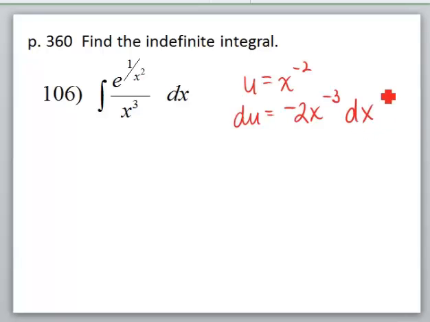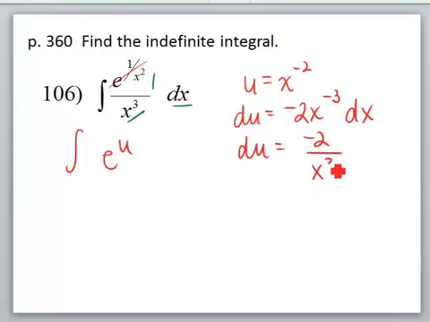So I'm going to go ahead and start to rewrite this. I have e to the u, and now I need an x cubed on the bottom, so really a 1 over x cubed dx. And I actually have that over here. I have a negative 2 over x cubed dx. Now, I do not want this negative 2, I only wanted a 1, so I'm going to divide by negative 2 on both sides, and that puts a negative 1/2 on the other side.